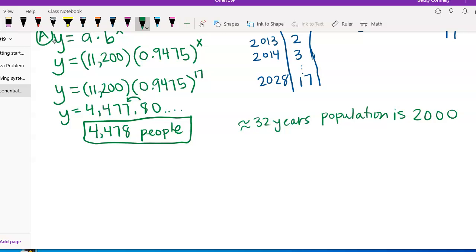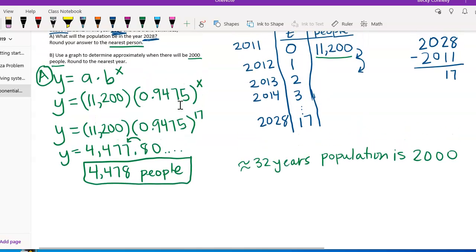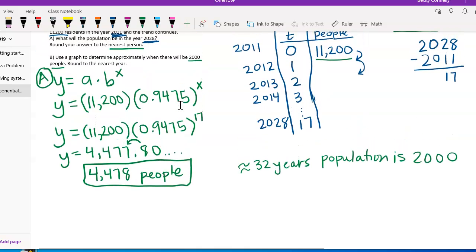Remember that it started in 2011, which was where our start amount was. So that means that we need to use 2011 as our starting point, and then we'll add 32 to that. And then that will tell us which year this will be in. So 2043 is the year the population will be 2,000.